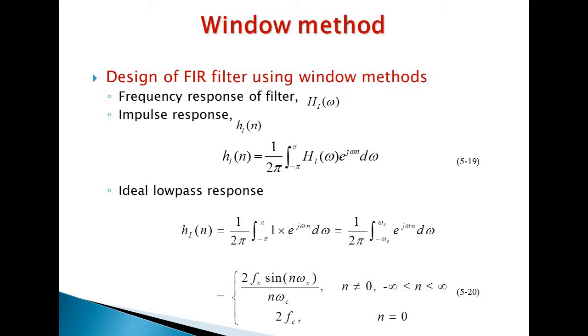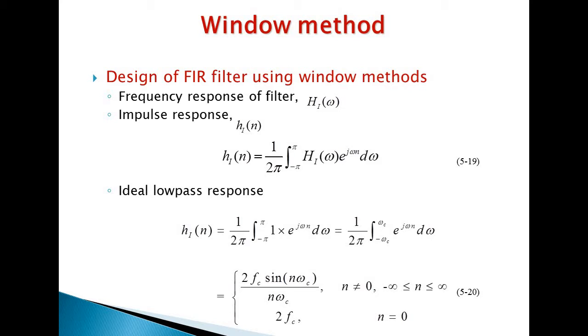Given the frequency response of a filter, say Hd of omega, the impulse response hd of n can be found using the IDFT, which is equal to 1 upon 2 pi, integration from minus pi to plus pi, Hd of omega e raised to j omega n d omega. As we are using the rectangular window, it has amplitude 1.